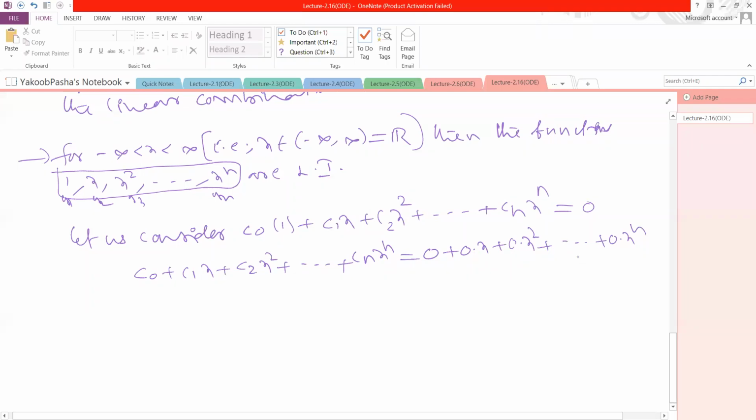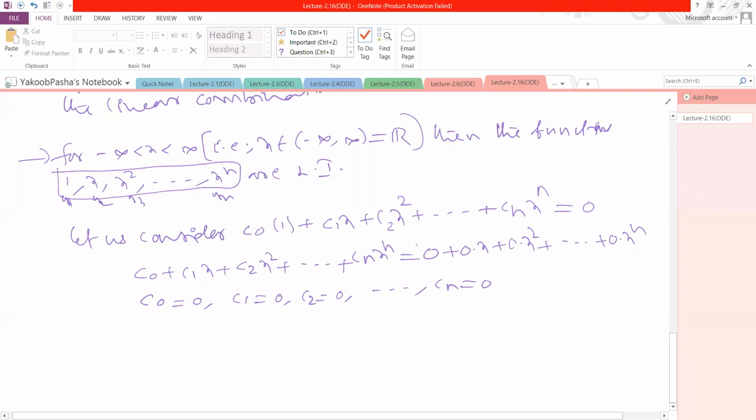Okay, we can write 0 as the linear combination of 1, x, x square up to x power n. Now equating the corresponding coefficients of x, we get C0 is 0, C1 is 0, C2 is 0, up to Cn is equal to 0.